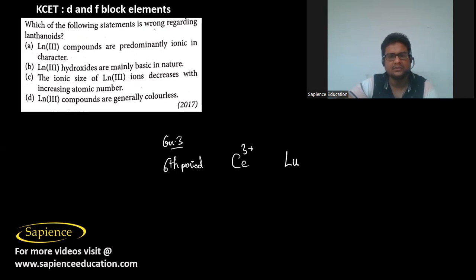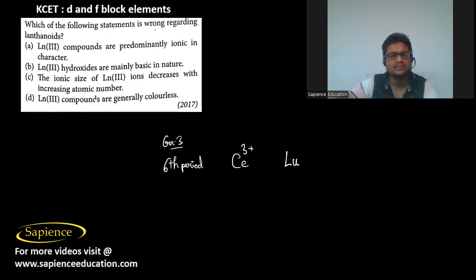That is also true, since as you know, metallic hydroxides are basic in nature, and the ionic size of lanthanum 3 ions decreases with increasing atomic number. Yeah, that is also true.